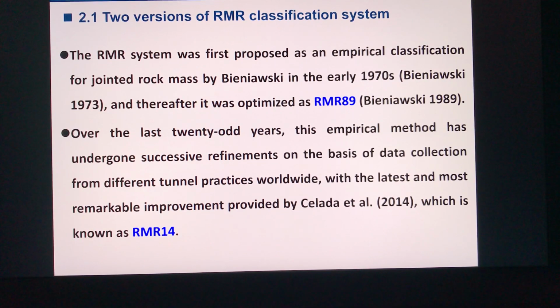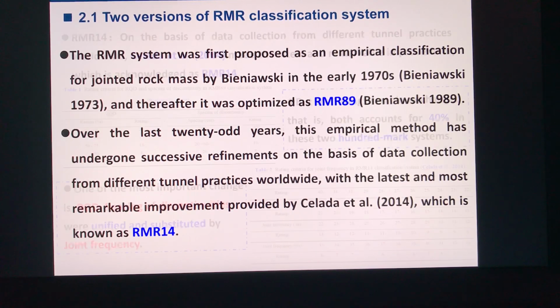The RMR classification system has two variants. The most important one is RMR 89. And over the last 20 years, this empirical system has been updated and is known as RMR 14.